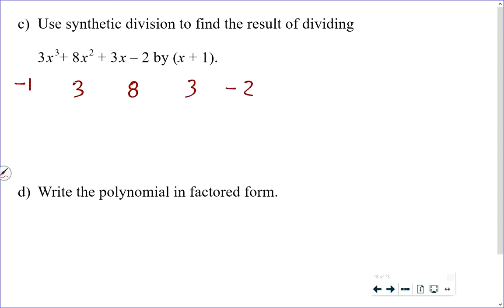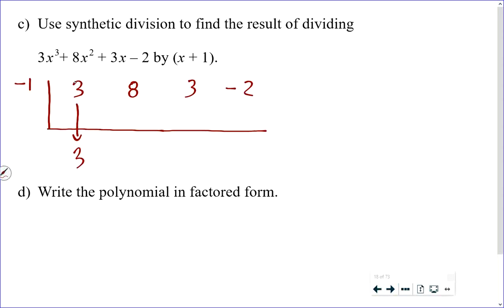We put the 0 of the binomial here, bring the first number down, and we're ready to roll after we double check to make sure that we've written everything correctly. 3, 8, 3, negative 2. Always check to make sure that you've got every degree represented, and make sure the degrees are in the right order, because sometimes, just for kicks, we might write this as 3x cubed plus 3x plus 8x squared. We might switch the order.